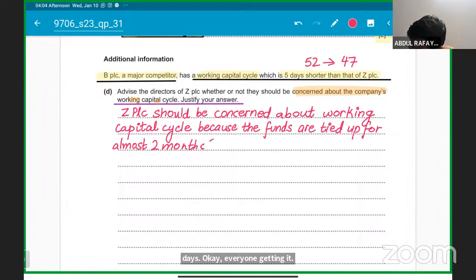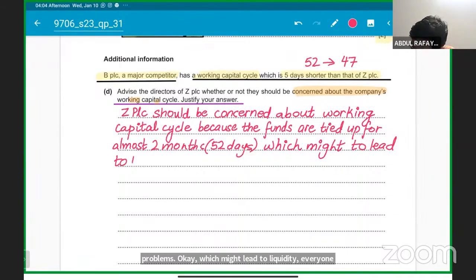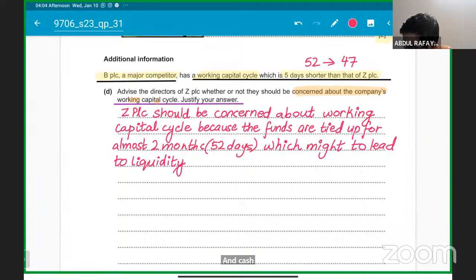Which might lead to liquidity and cash management problems, or insolvency, bankruptcy.